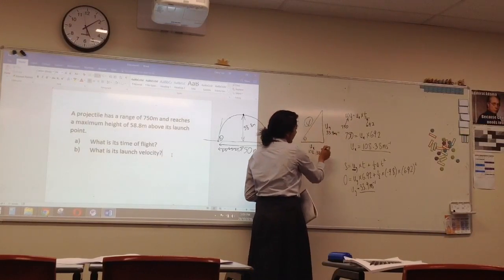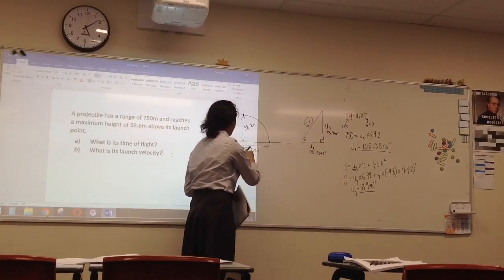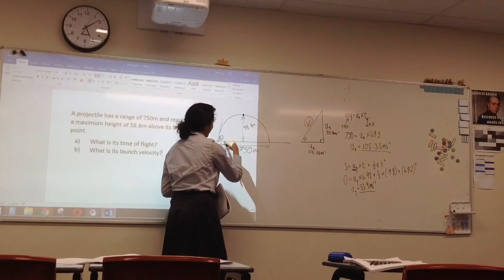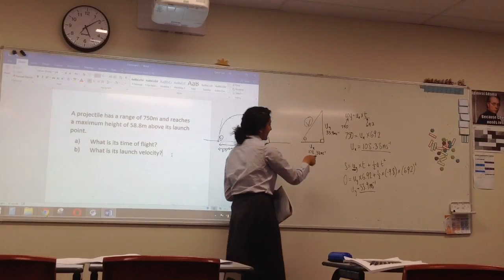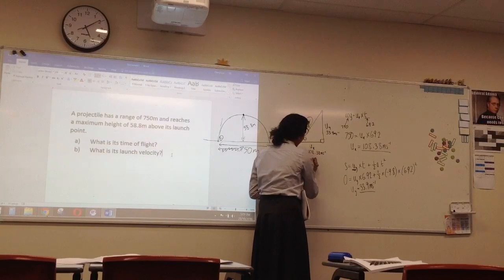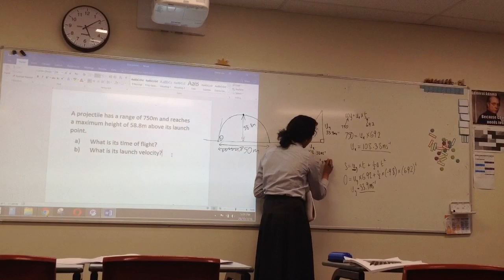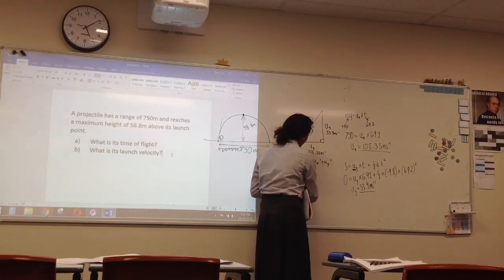And because now we have two sides of a right angled triangle, because this is right angled because we're using x and y components and they're perpendicular to each other. So then we can figure out v, where v squared equals ux squared plus uy squared.